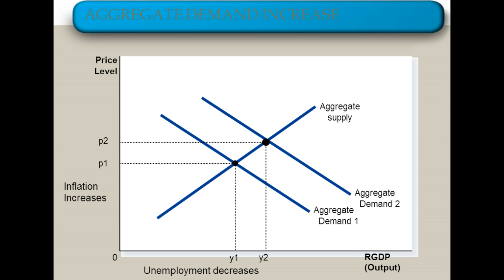And because our GDP increased, we are producing more stuff and therefore employing more people, and therefore unemployment decreases. Anytime this is true, if prices rise, inflation occurs. If our GDP increases, unemployment decreases. So an increase in aggregate demand causes inflation to increase and unemployment to decrease.